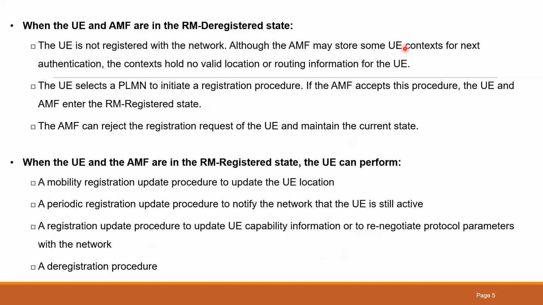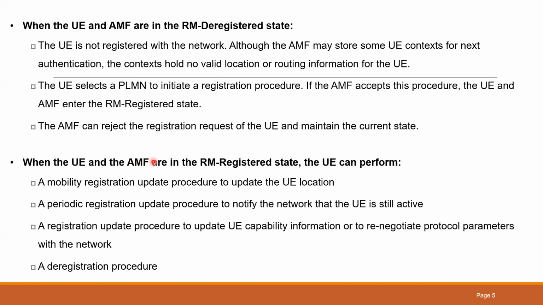The AMF may store some UE context, but does not have any valid location or routing area information. A UE selects a PLMN to initiate the registration procedure, and if it is accepted, the UE moves from deregistered to registered state. In case the AMF rejects the registration request, the UE is maintained in its current RM deregistered state.